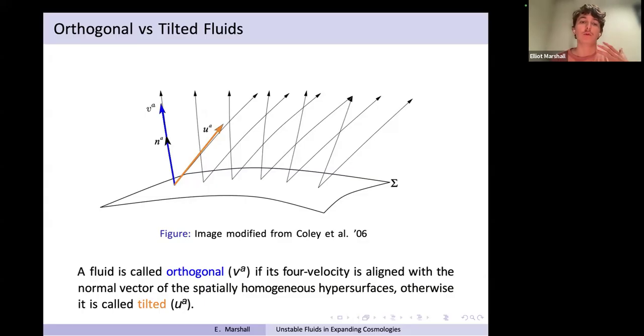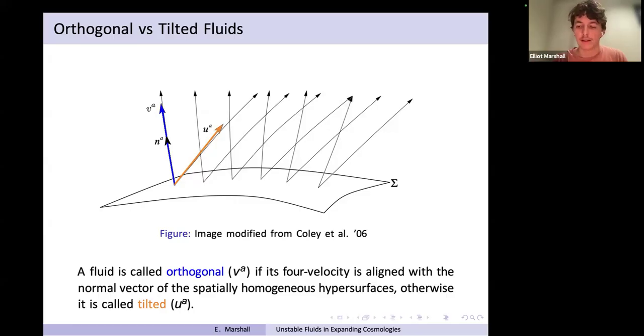We can call a fluid orthogonal if its fluid velocity is aligned with the normal vector of my foliation, and we can call it tilted otherwise. The reason you want to introduce this distinction is that orthogonal and tilted fluids can have very different asymptotic behaviors towards the future, or indeed the past. So it's natural to introduce this distinction.